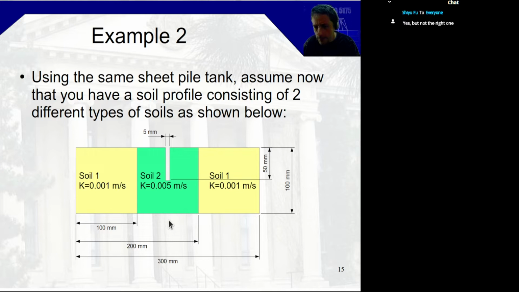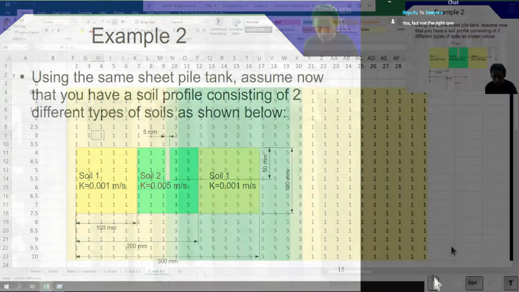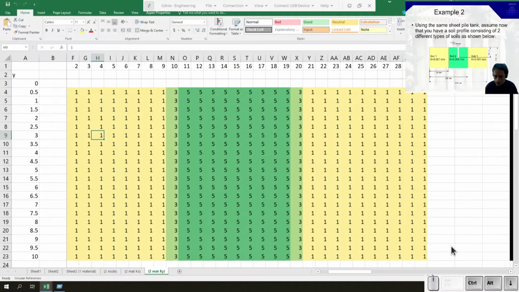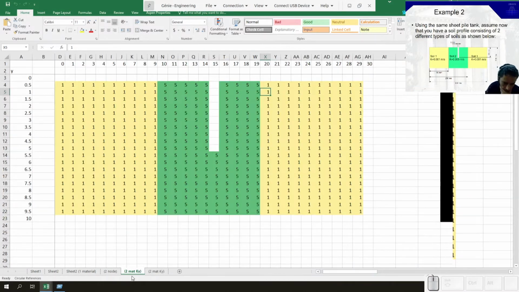So let's see what the materials are. So we basically have the three soils. Okay, and we wanted to, let me see. So we had defined kx and ky, correct? So that's where we were at.